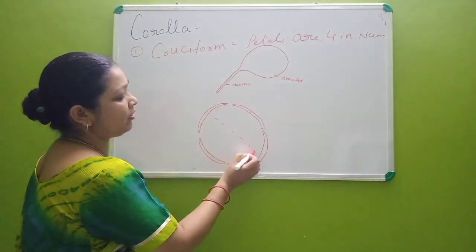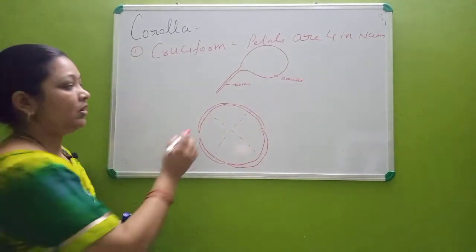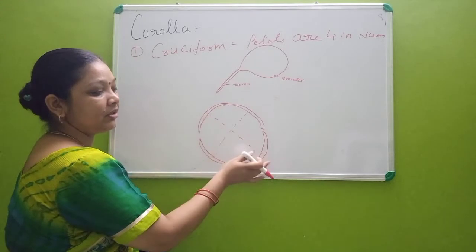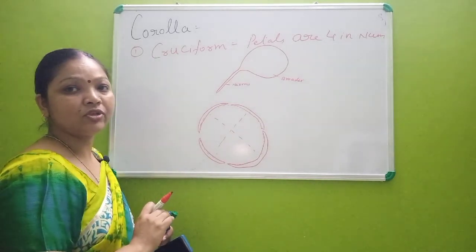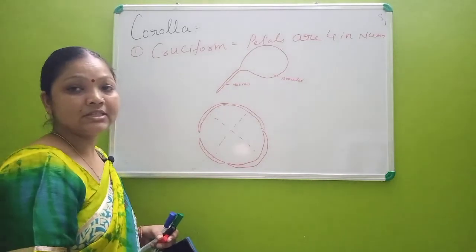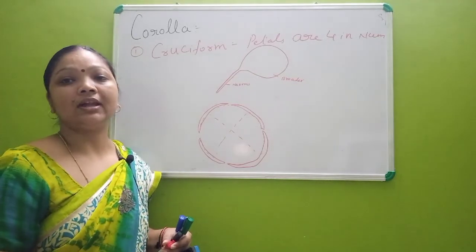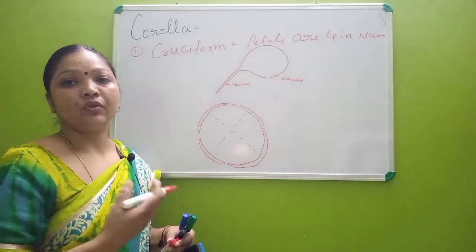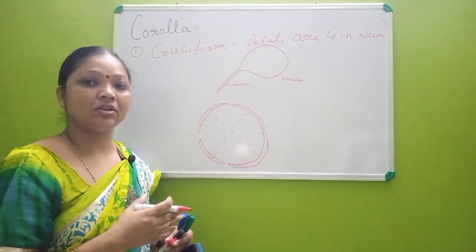Meaning in front of one petal there is another, and in front of this petal there is another. This type of arrangement is called Greek cross arrangement, and this is a characteristic. For example, it is found in Brassica, known as sarson.